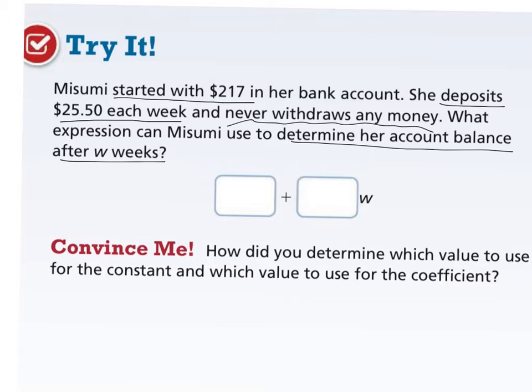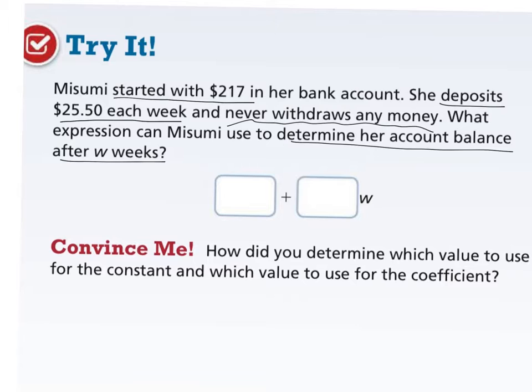So they've kind of started us out here with a guideline of what we're going to be doing. They wouldn't have had to do this, but they're kind of helping us out since we're getting started with this. One thing make sure you know about is depositing means putting money into the bank. So when we deposit money, we put money into the bank, that's going to increase the money that's in our bank account.